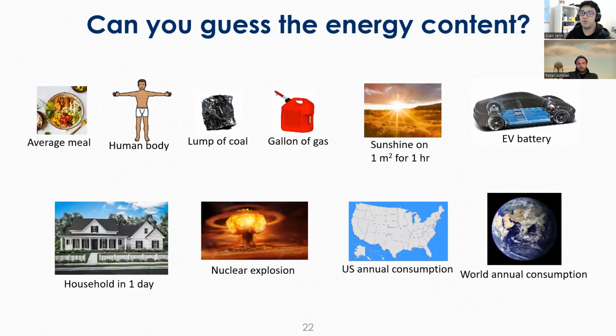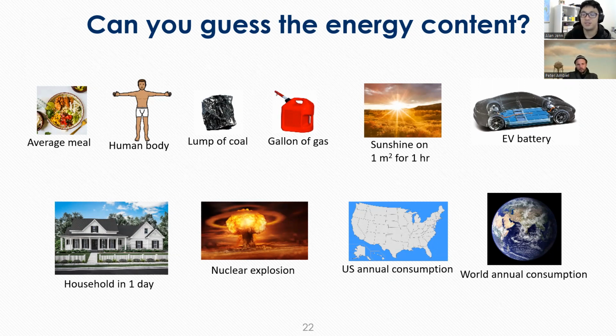One thing that you can do is pause the video and have a guess at what the energy content of each of these things is. You can do it on an order of magnitude basis. So the average meal is that. You can think about this in different types of energy units too, right?